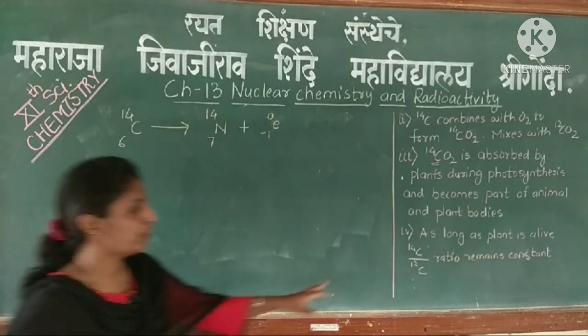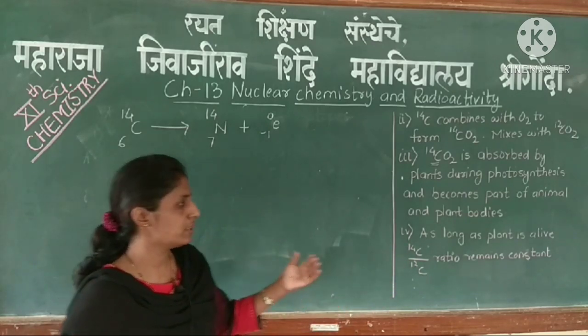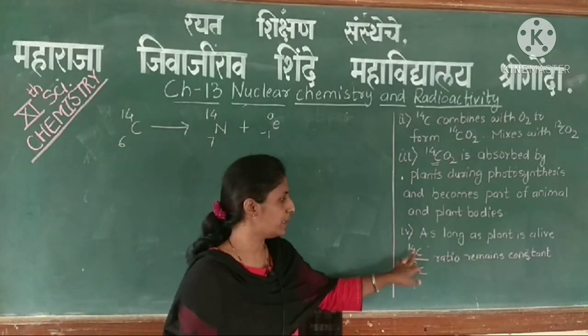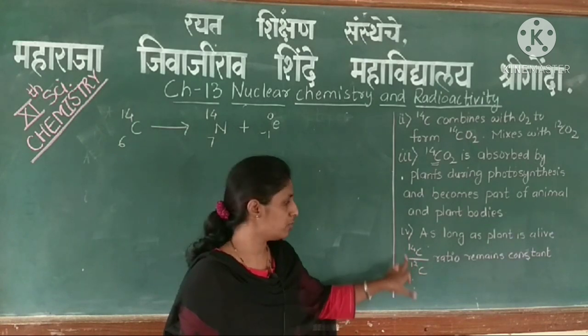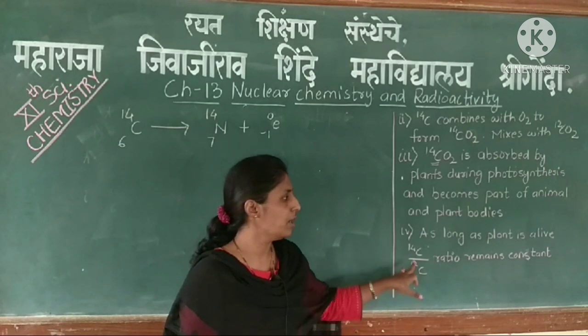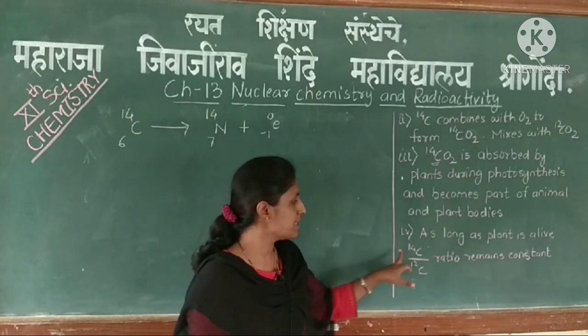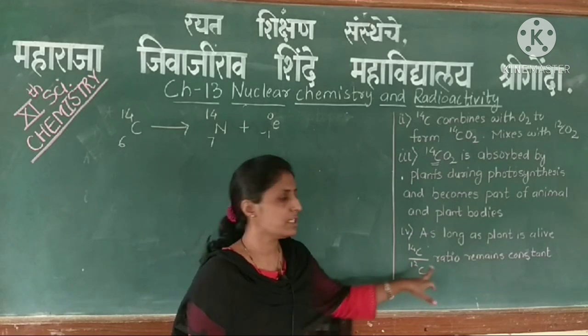So this carbon-14, what did we say? As long as the plant is alive, your C14 to C12 ratio remains constant. But as soon as your plant dies, your ratio begins to decrease. Why?